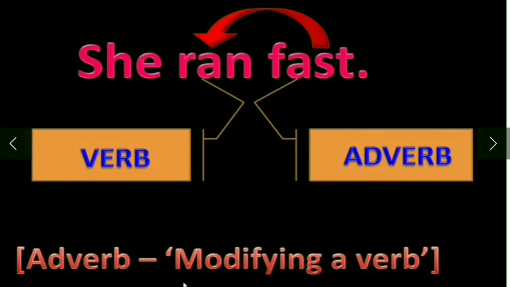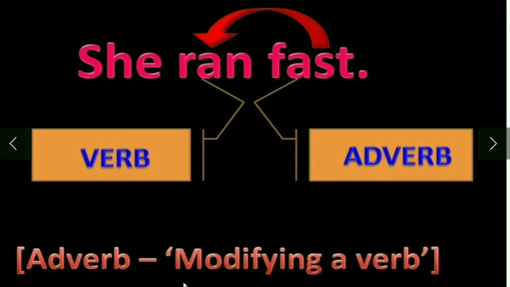Fast is an adverb here. Why? Can you tell me? Here the adverb word fast modifies the doing or action word ran. Here fast is the modifier of the action word ran.